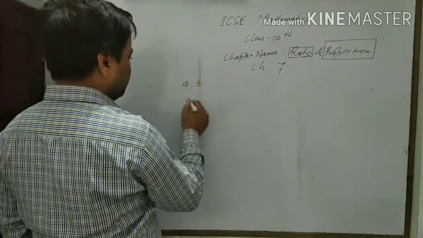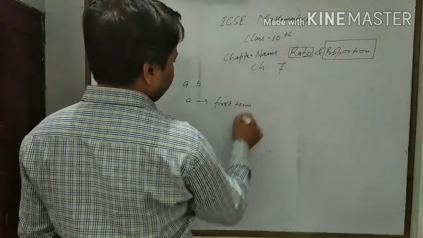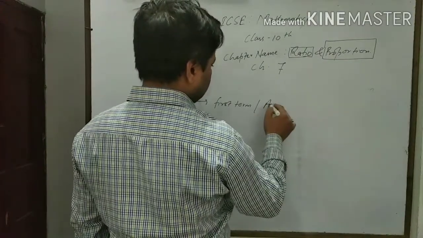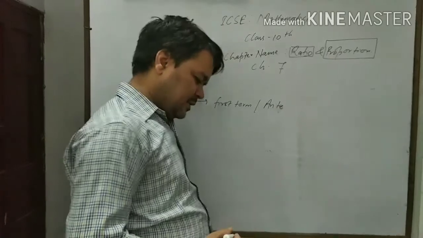In a is to b, a is the first term, which is also known as the antecedent.